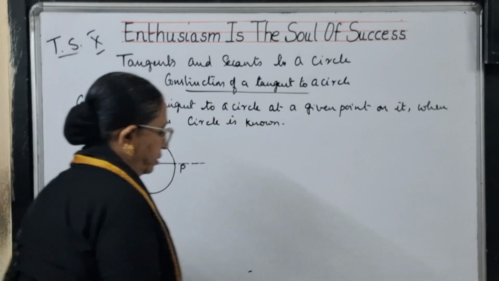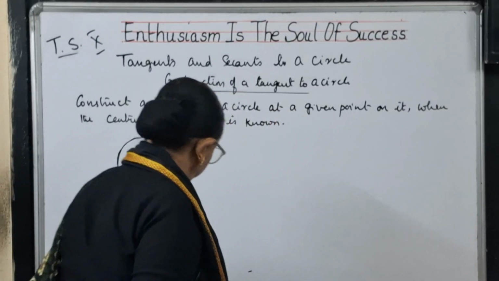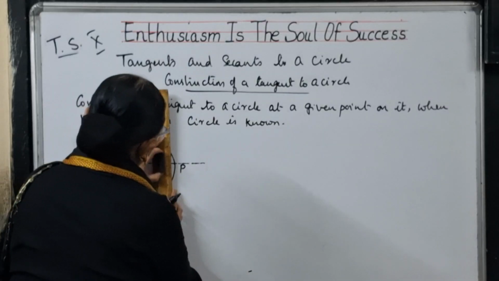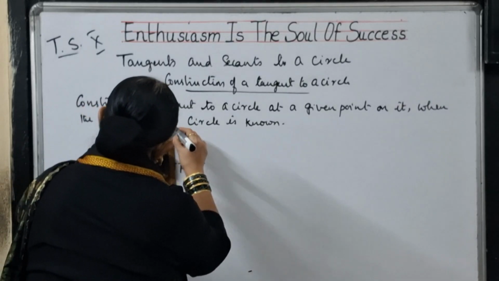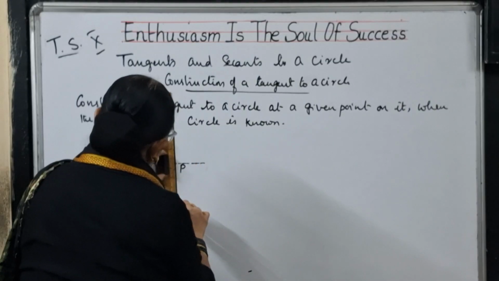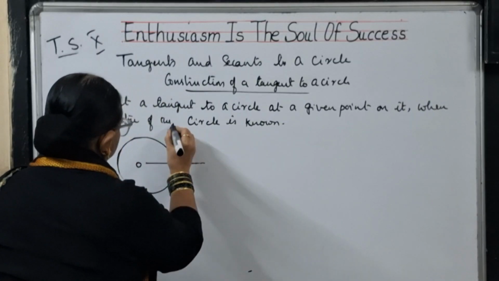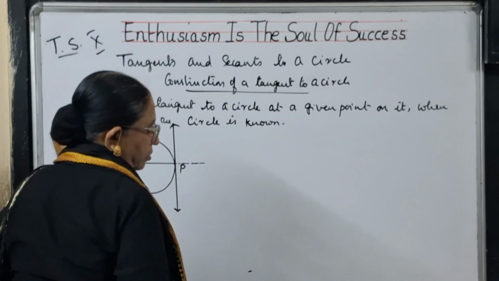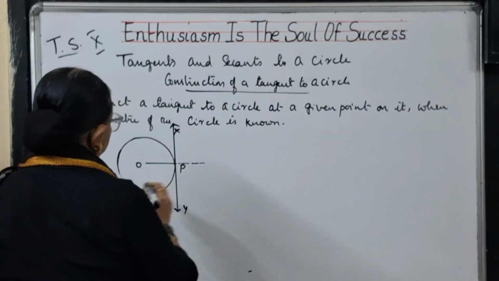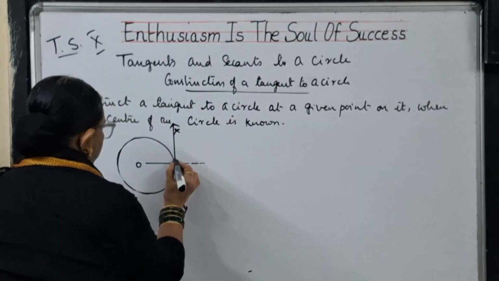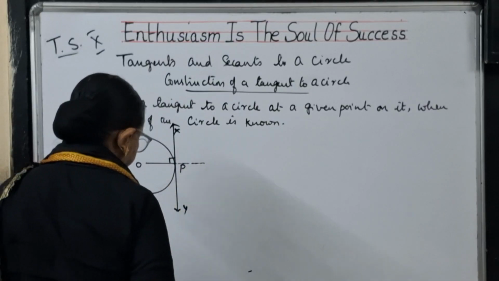So let me draw a line. So this is the tangent. I can name it as XY, the tangent drawn to a circle. How do you know? Because it is perpendicular.